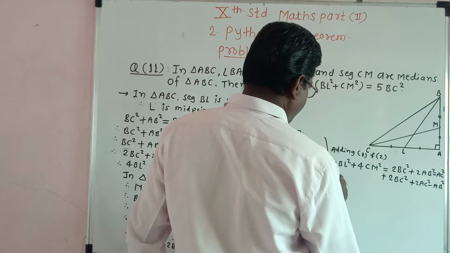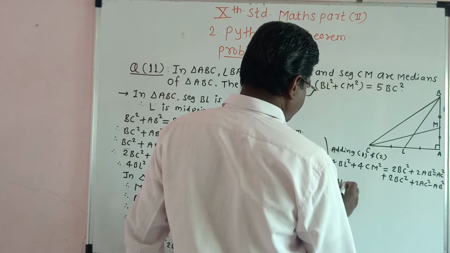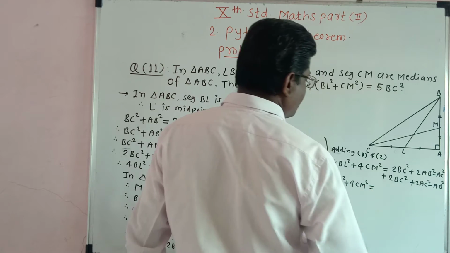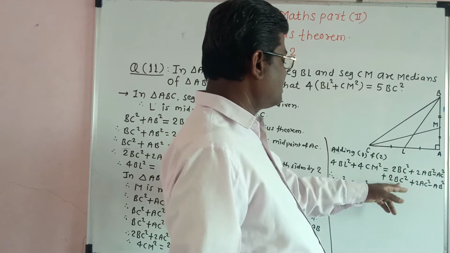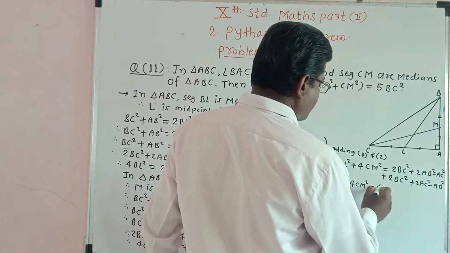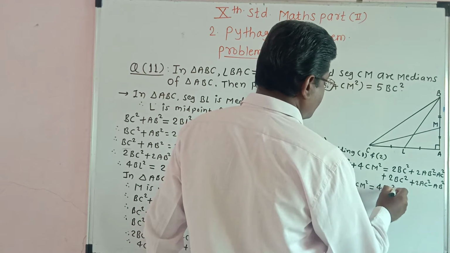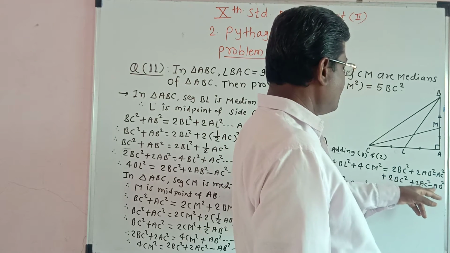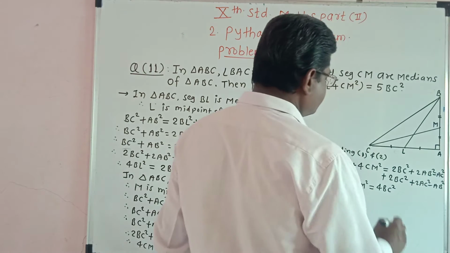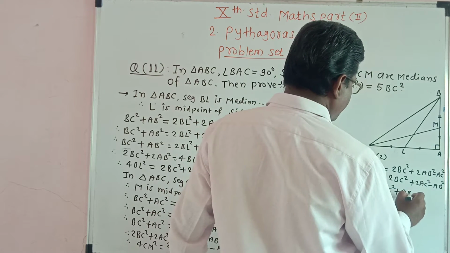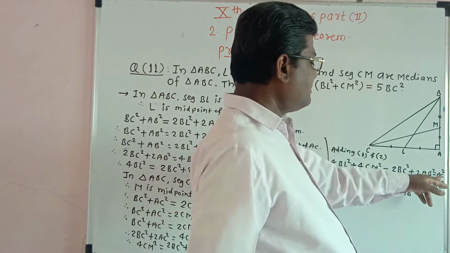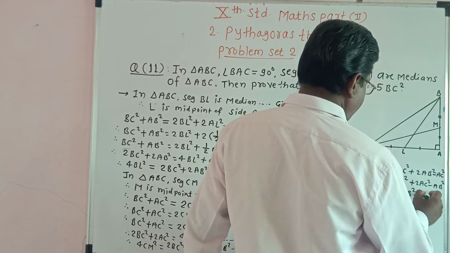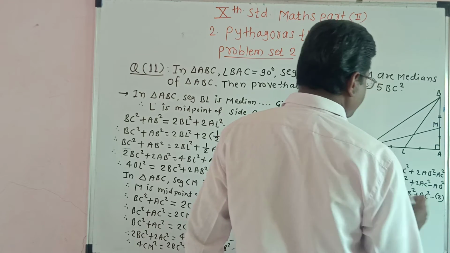Therefore 4BL square plus 4CM square is equal to 4BC square, plus AB square, plus AC square. This is equation number 3.